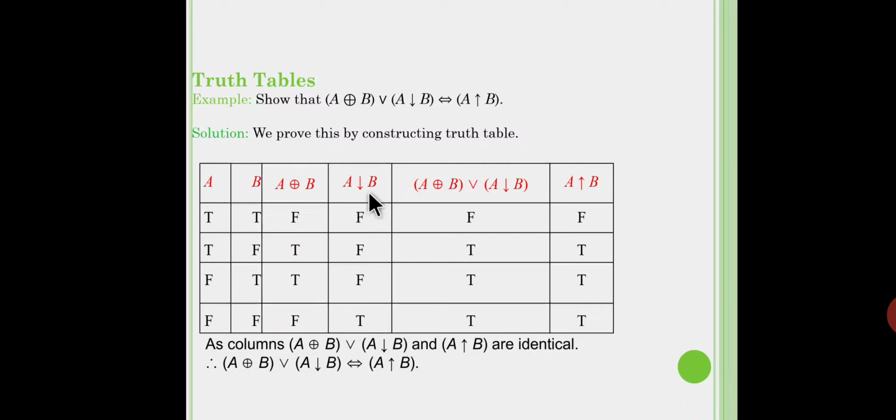So another connective, A NOR B. So what is the rule of NOR? If both A and B are false, it is true. In remaining cases it is false. So in the fourth case, both A and B have truth value false, then their compound statement is true. In remaining cases it is false. So for both A exclusive OR B and A NOR B, what is the rule of disjunction?